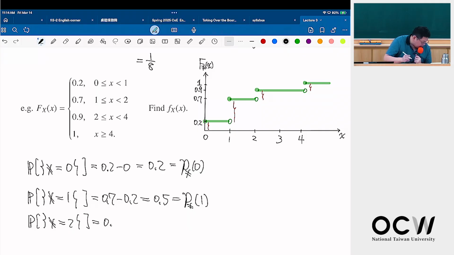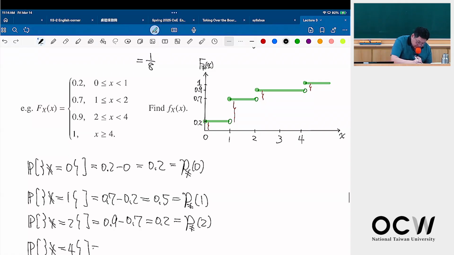That's 0.9 minus 0.7. That's 0.2. And then the last one is when x is equal to 4. That'll be 1 minus 0.9. That'll be 0.1.